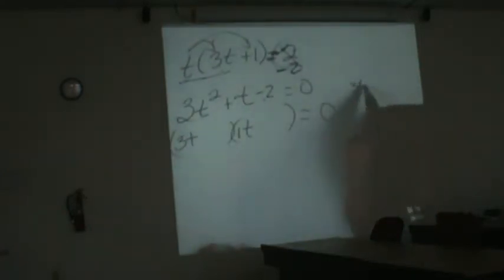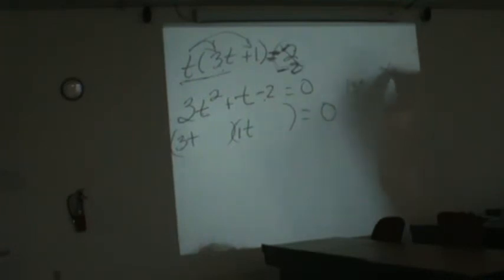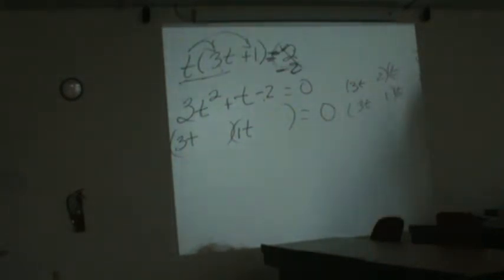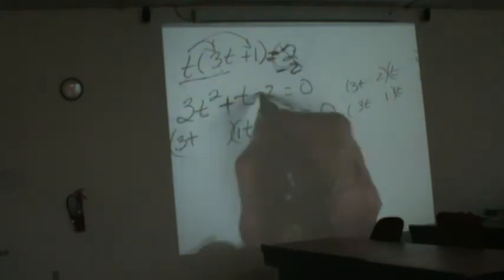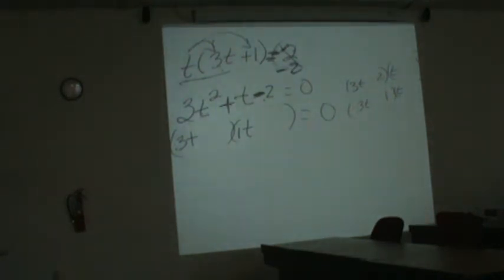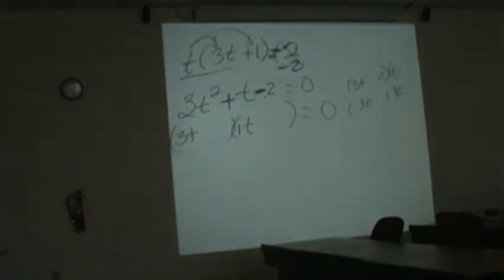We'll have 3t, t, we're going to put 2, 1, and we're going to have the same thing, and we have 1, 2. Okay, this has to be a positive 1. This tells you they're different signs. This tells you that it subtracts to give you a 2, or it subtracts to give you 1.